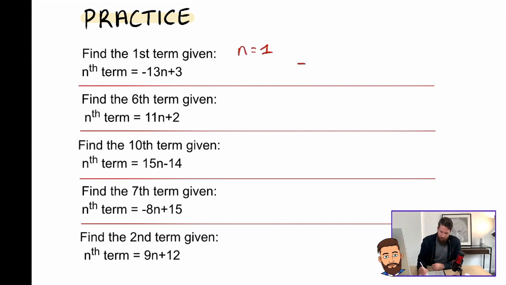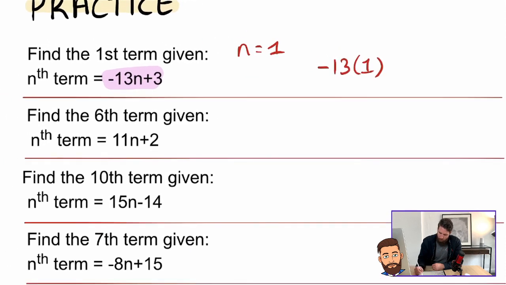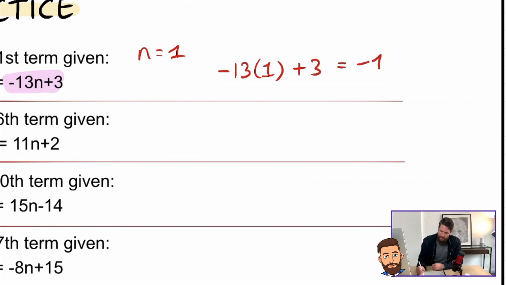So if we've got minus 13n plus 3 as our nth term, we're going to do minus 13 times 1 plus 3. So what is minus 13 times 1? Well, that would be minus 13. Minus 13 plus 3 takes you back up the number line. So the answer to that would be minus 10. Because if you're at minus 13 and you add 3, it takes you to minus 10, going back towards 0.